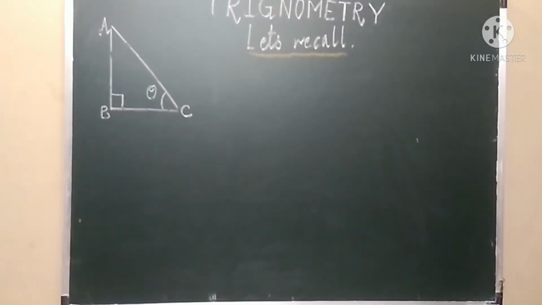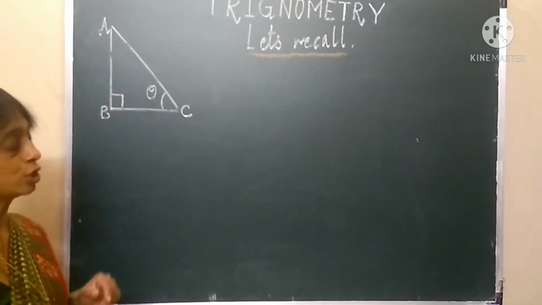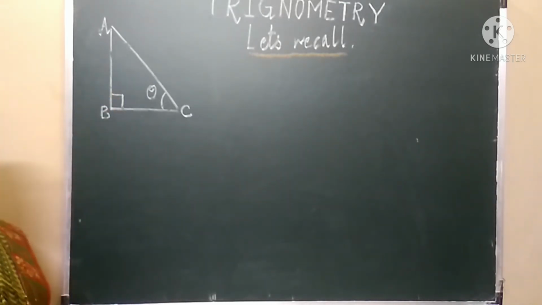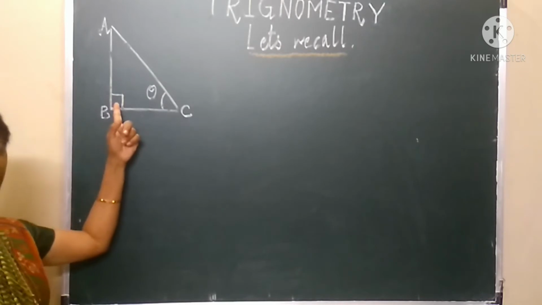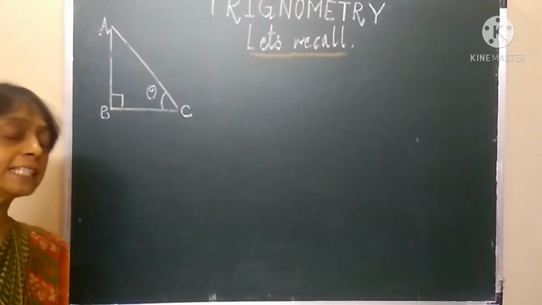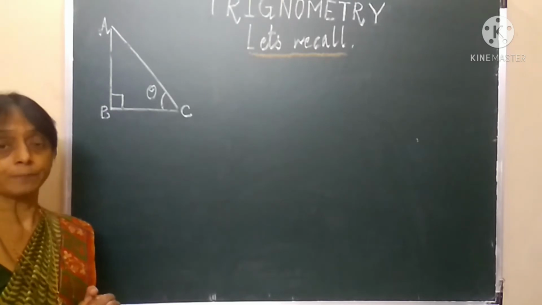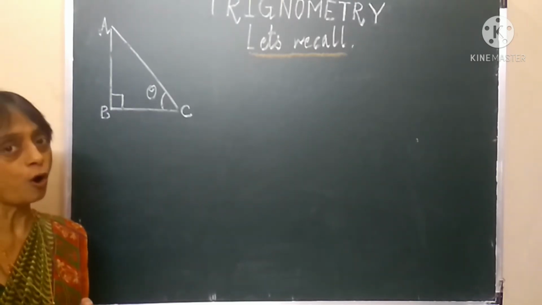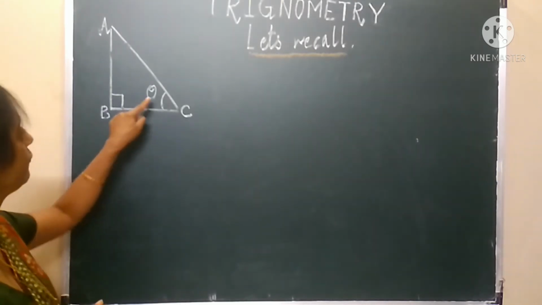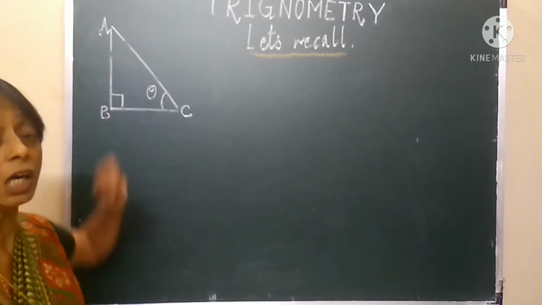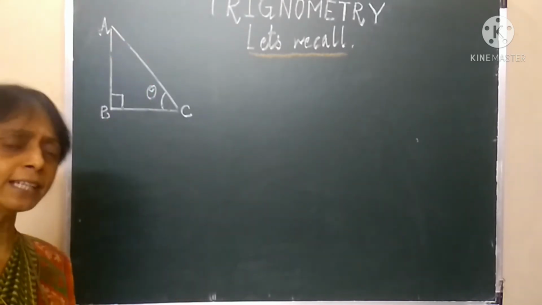So now children, let's particularly consider a right angle triangle as shown on the board. Which angle is 90 degrees? Over here angle B is 90 degrees. So let's recall the different trigonometrical functions. Let's remember that trigonometrical functions are dealt with only for finding the values for acute angles in a right angle triangle.